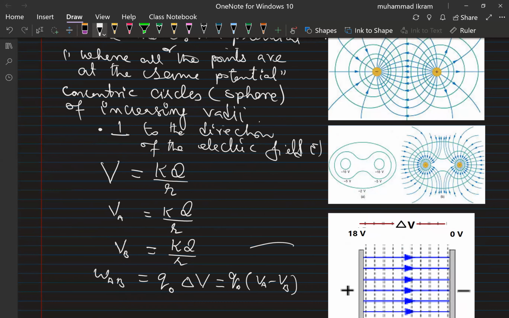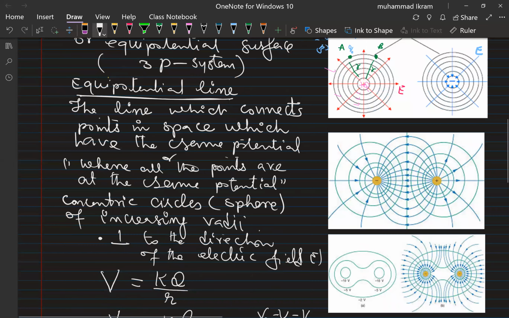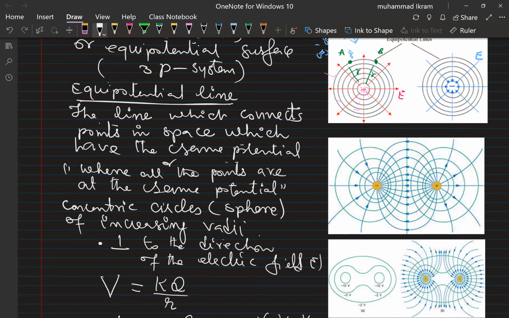And this VA minus VB is 0 because VA is the same as VB, let's say V. So what does this mean? That the work done is 0. So there is no work done along the direction perpendicular to the direction of the electric field intensity as you move from A to B.